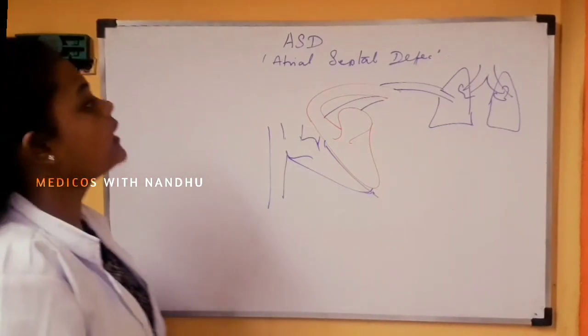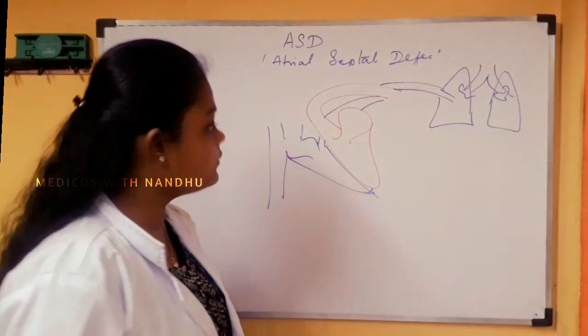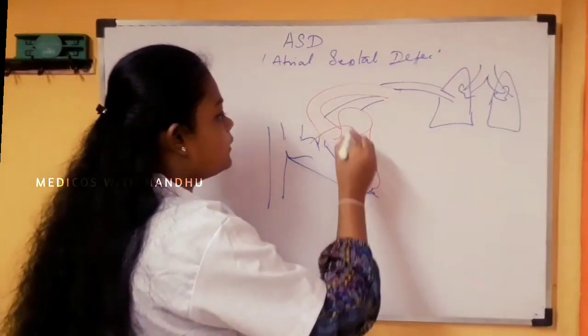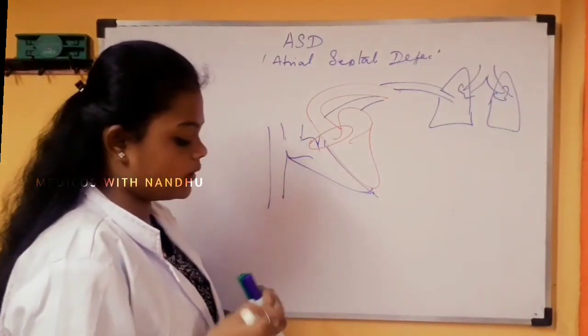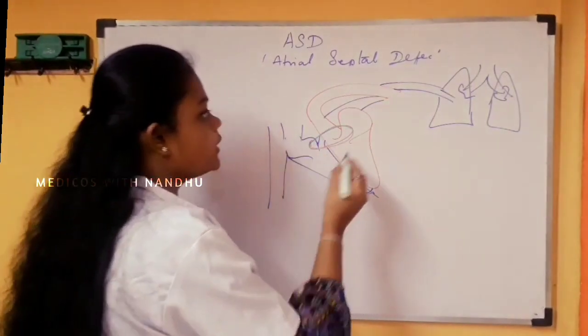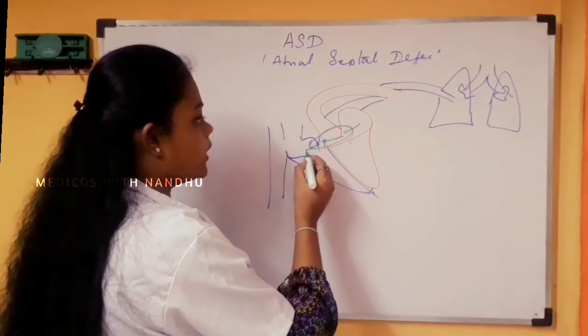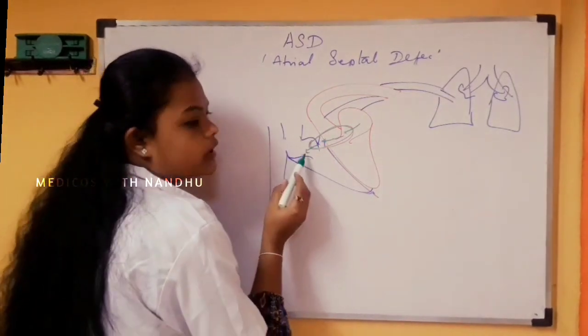In atrial septal defect, the pathophysiology will be, if there is a shunt between the left atrium and right atrium, the blood will be going directly through this and it will reach the right atrium.